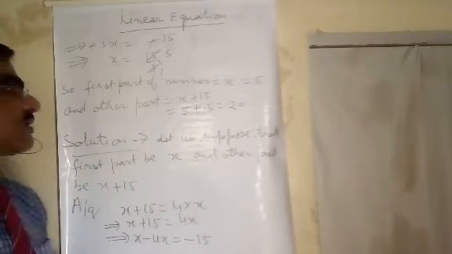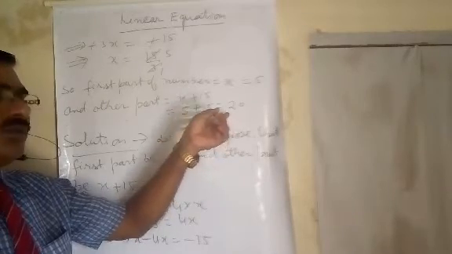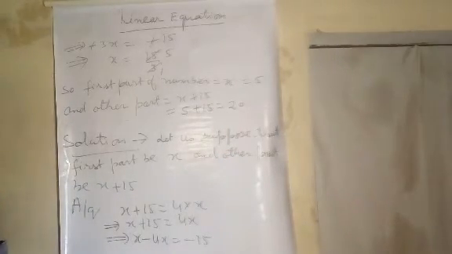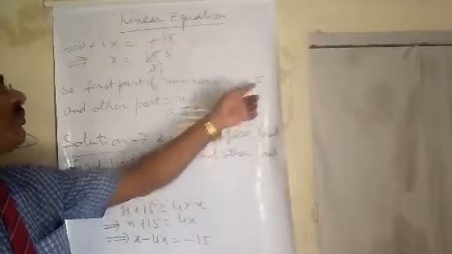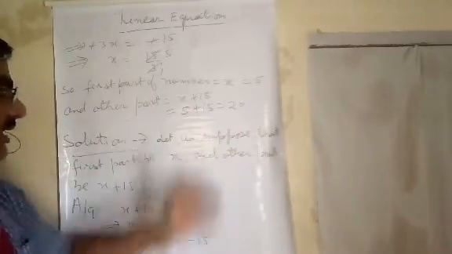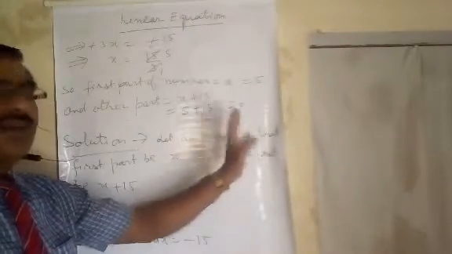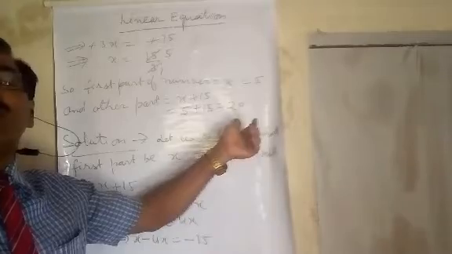According to the question, one part is 4 times the other. Therefore, 20 is 4 times of 5, so our answer is correct. The answer will be: first part 5 and other part 20.